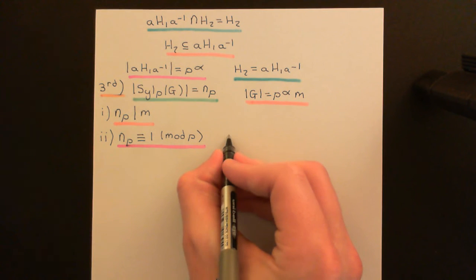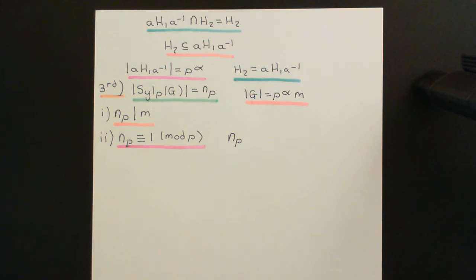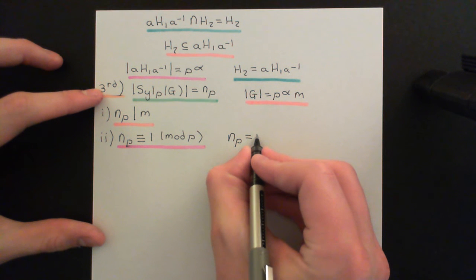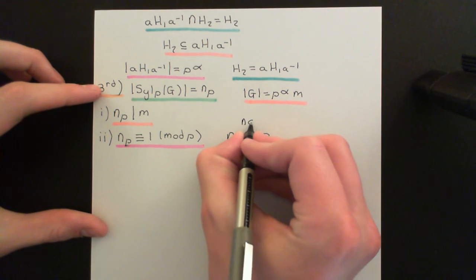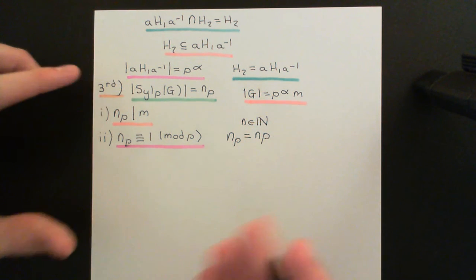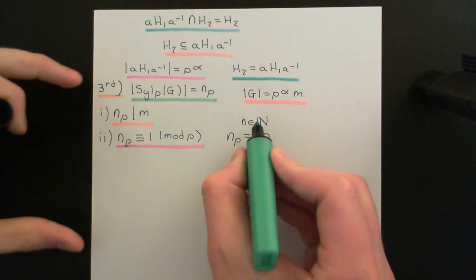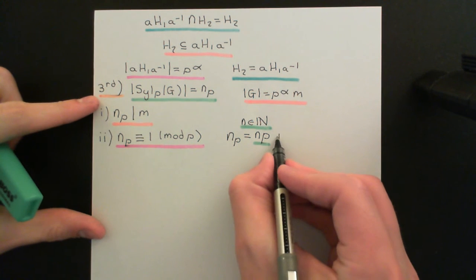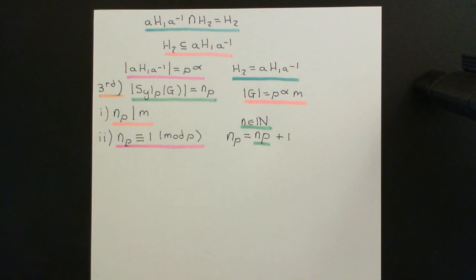That means that this number, n_p, the number of Sylow p subgroups in the group capital G, is going to be equal to some multiple of p, some natural number multiple of p. So little n here is some natural number, a counting number, 1, 2, 3, 4, 5, a positive integer basically, okay, times p plus 1. So saying that it is congruent to 1 modulo p is equivalent to saying this. It's equivalent to saying that it's 1 greater than a multiple of p basically.